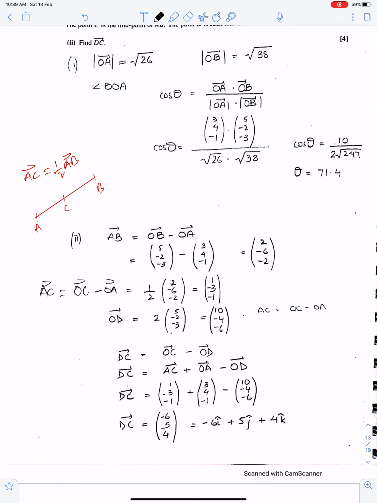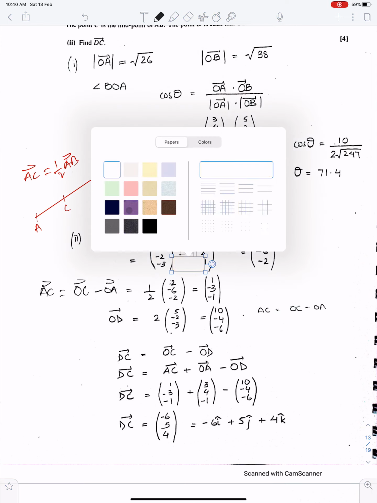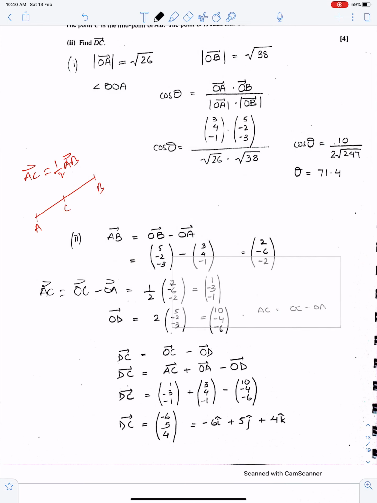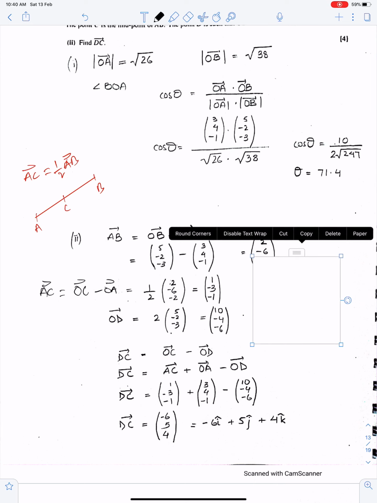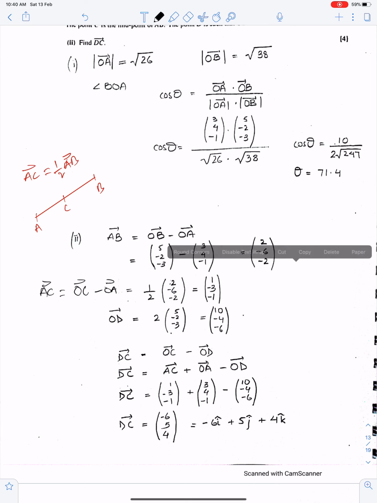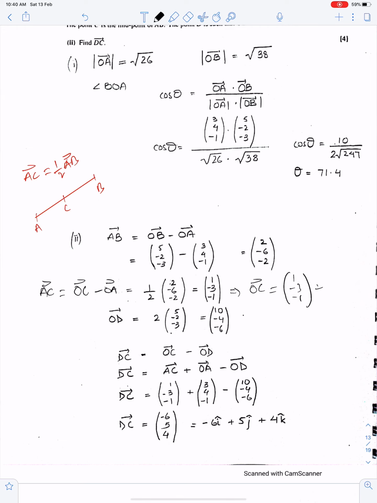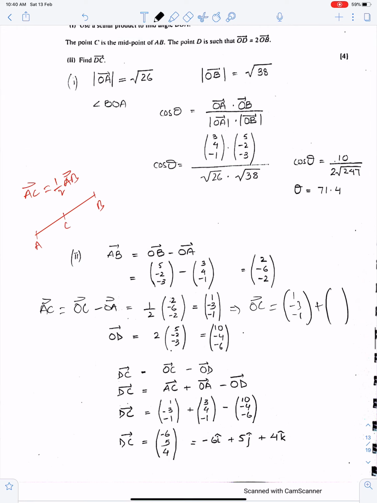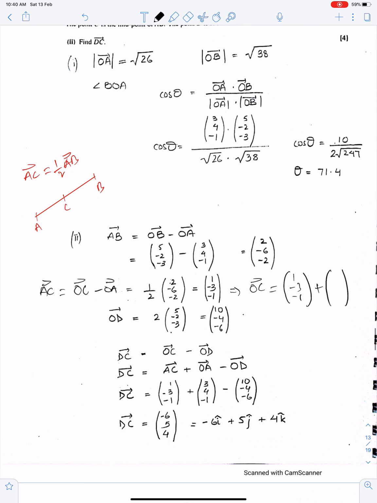Now get OC. So OC will be, wait a minute please. So from here I am working for OC. So OC will be 1 minus 3 minus 1 plus OA, and OA is 3, 4, minus 1.